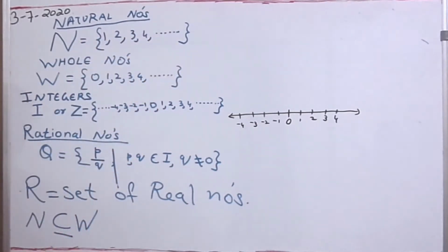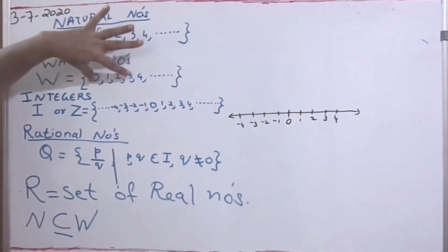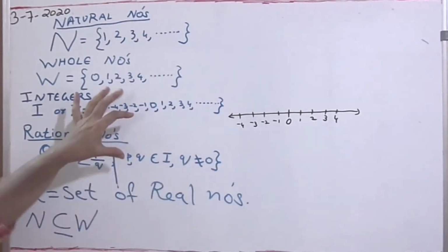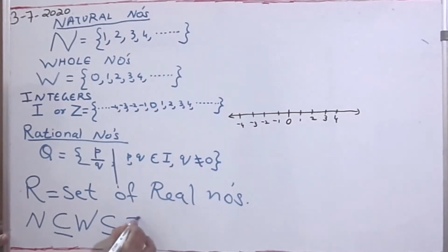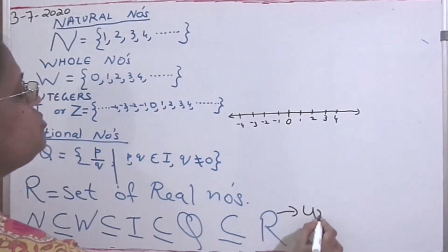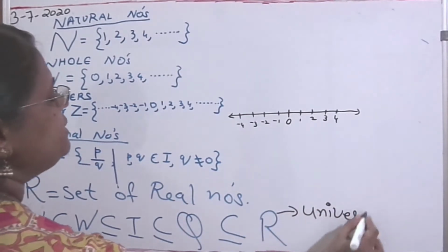So natural numbers are a subset of whole numbers. Now whole numbers are fully contained in this. See, you can see from here 0, 1, 2, 3, 4 is fully contained in this. So it's a subset of integers. And integers are a subset of rational numbers, every integer is a rational number, already explained. All these are subsets of real numbers. So real numbers are the universal set of all numbers.